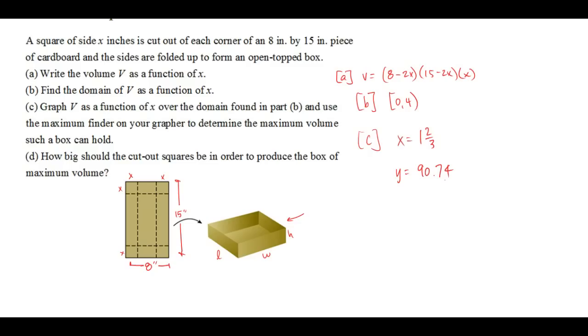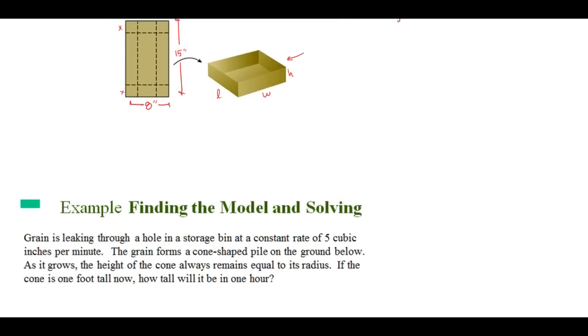Well, remember, x represents how much we're cutting out of the box, and y represents the volume of the box. So therefore, I know that this is going to be in cubic inches, that is volume, and this is just in inches, that is how much we will remove, and that will tell us how much to remove from the box in order to maximize the volume so the fish can have plenty of water.